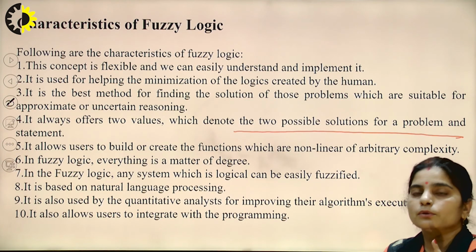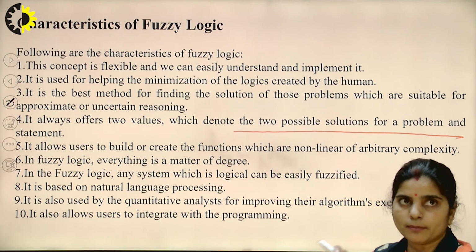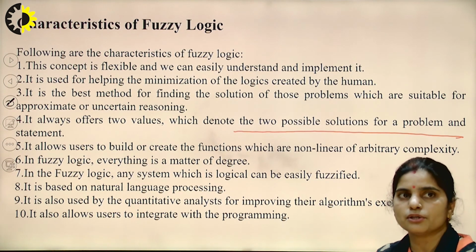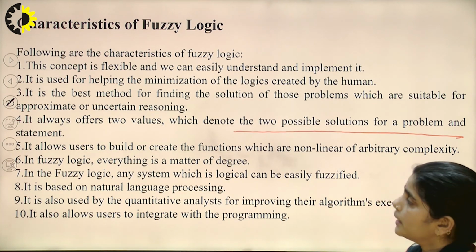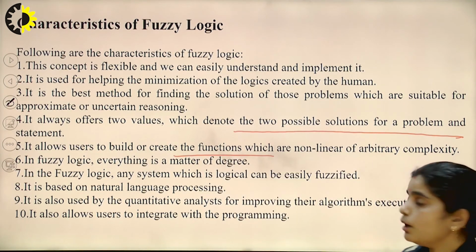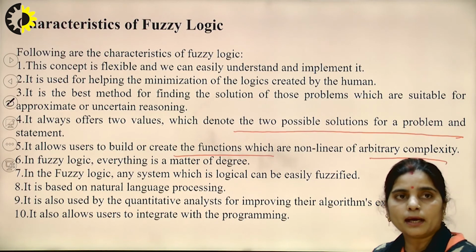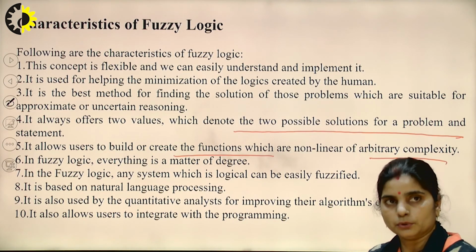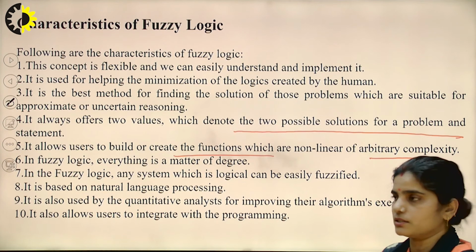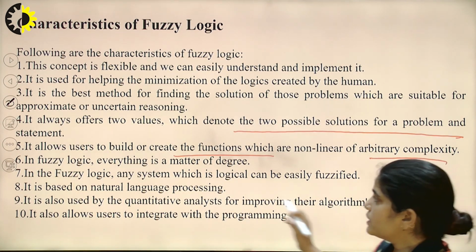Okay, two possible solutions for any problem can be provided by fuzzy logic. Next, it allows users to create functions which are non-linear and of arbitrary complexity. Okay. In fuzzy logic, everything is a matter of degree.